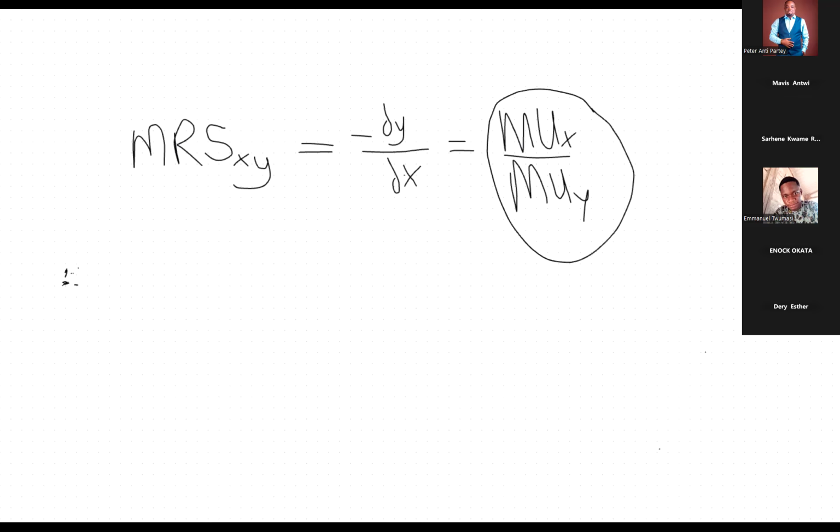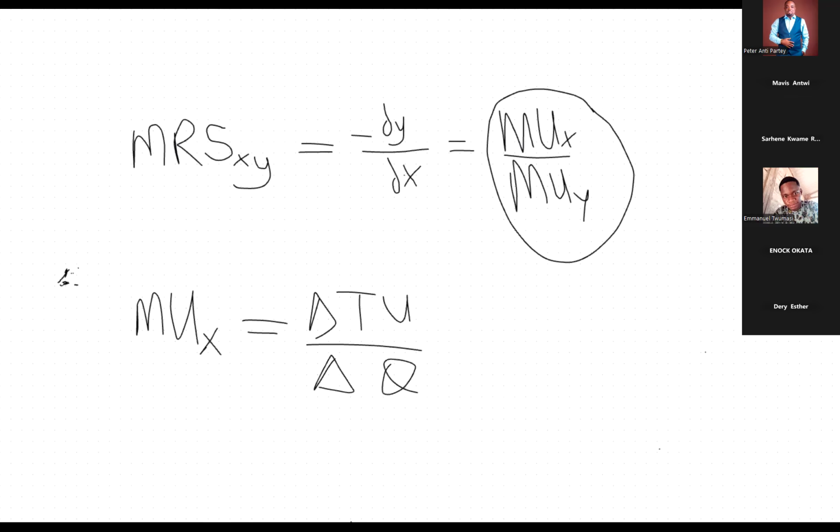We know from our calculation last week that the marginal utility of a commodity is giving us change in total utility over change in quantity. You remember that, right? Good.